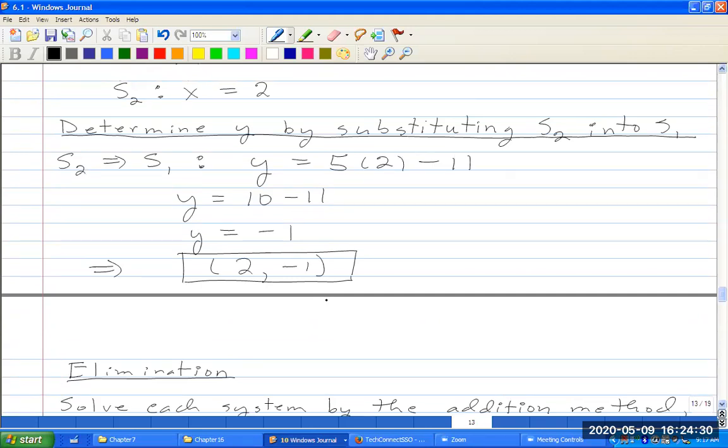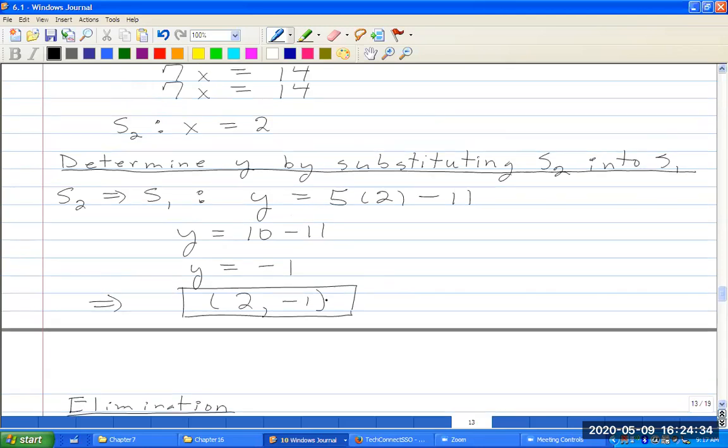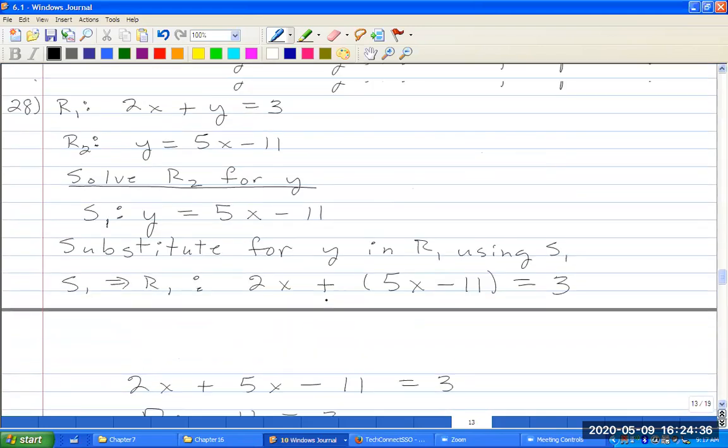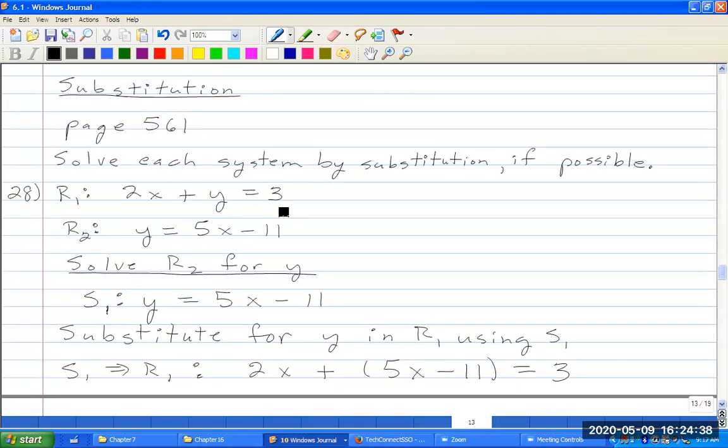Okay, so in general, warning, if you solve for one variable using one equation and then substitute that back into the same equation, it always seems like you have an infinite number of solutions.